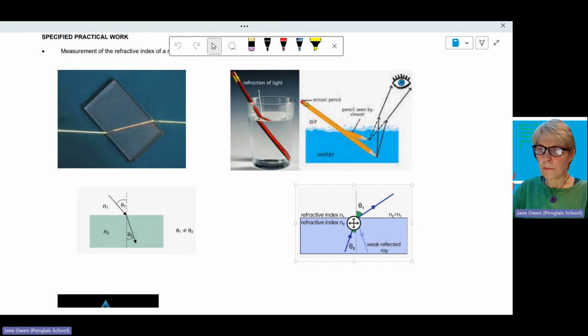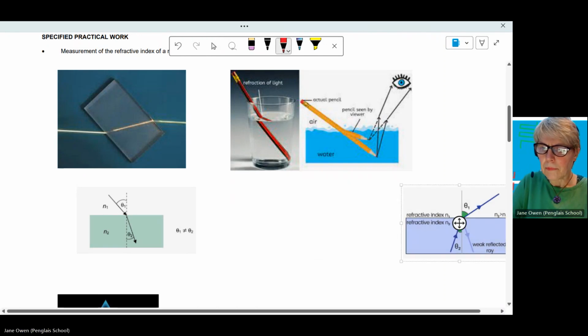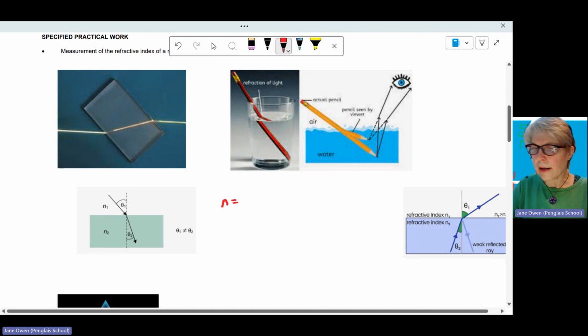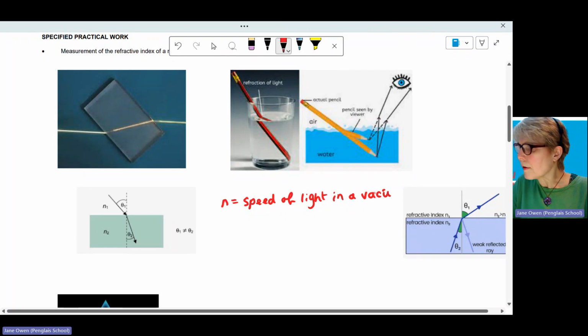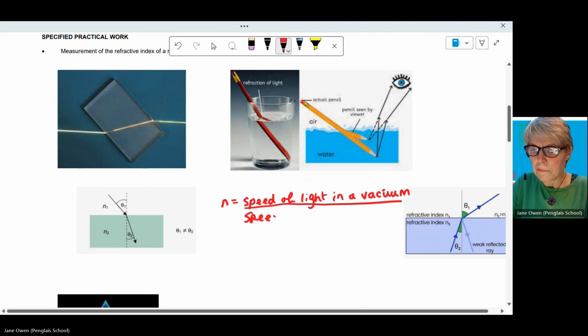And n is the ratio of the speed of light in a vacuum divided by the speed of light in the medium that we're testing.